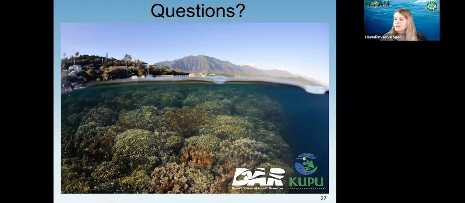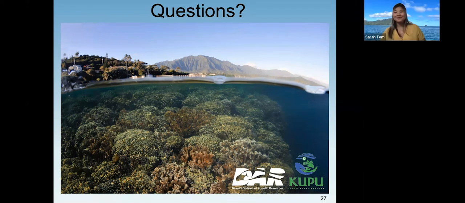Okay, the next question in the chat box. What is the most important thing that we can do to protect our islands, in your opinion? I would say, since the top two vectors are ballast water and biofouling, probably just managing those, like what our team does, is pretty important.